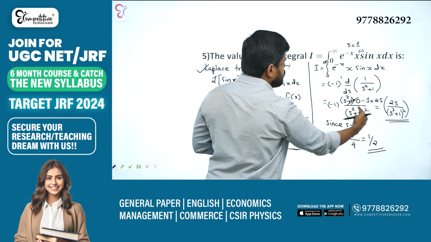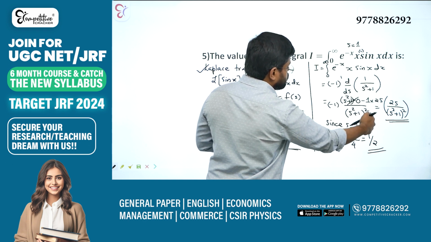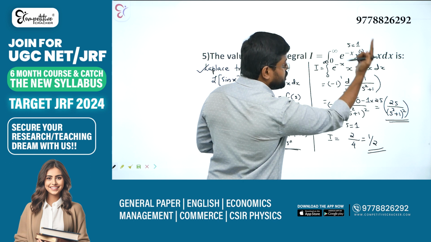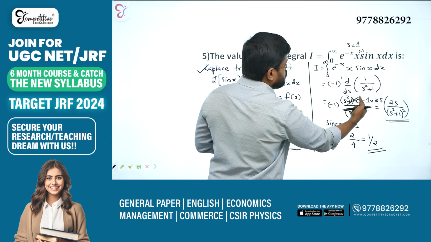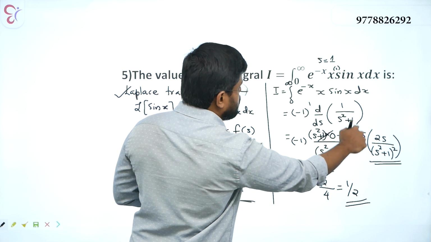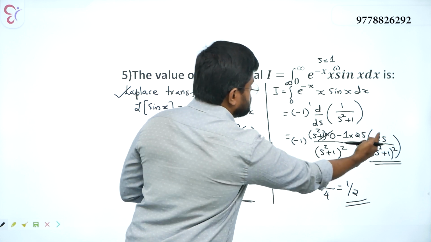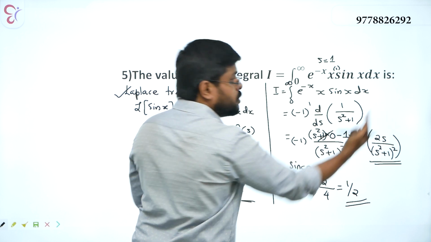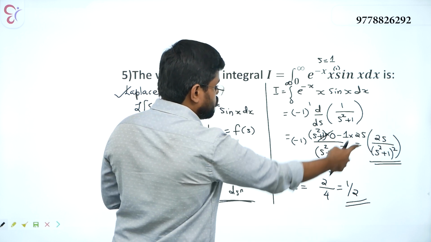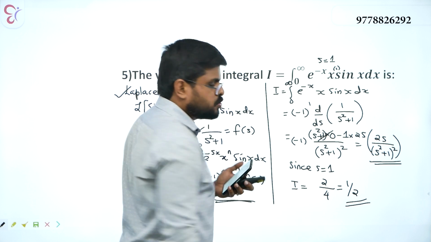Apply the quotient rule: denominator into differential of numerator, which is 0, minus numerator into differential of denominator, which is 2s. So minus into minus is plus, and you get 2s divided by s square plus 1 whole square. Then substitute s is equal to 1 and you will get I is equal to 1 by 2.